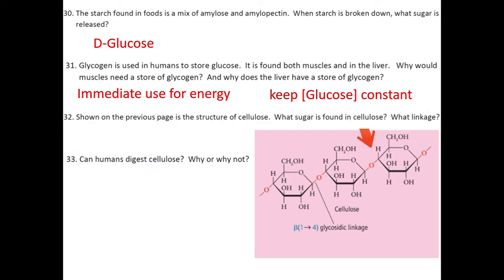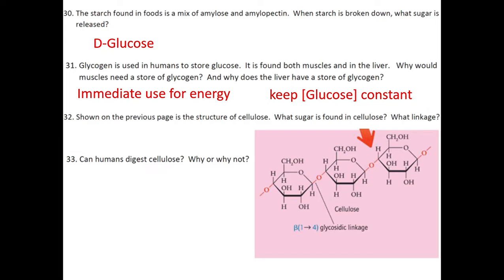And when I'm hungry and my blood glucose level is low, the liver will release those glucose from glycogen. Therefore, there is a balance, and we use the liver to keep glucose concentration constant. Okay.